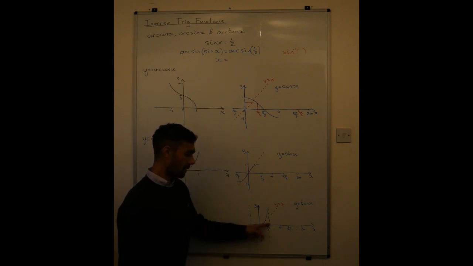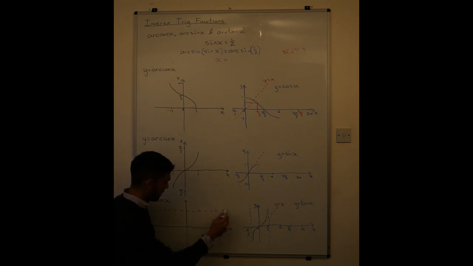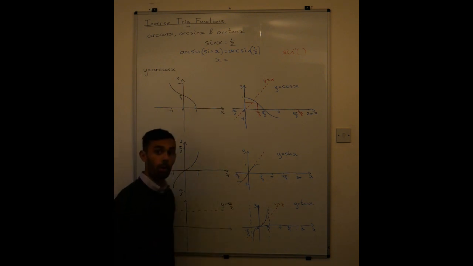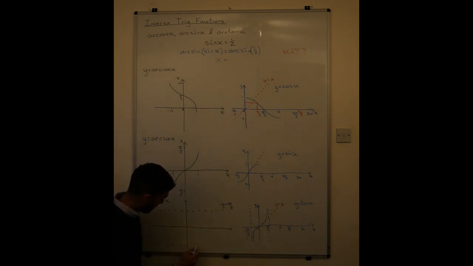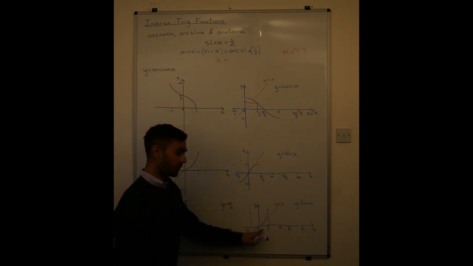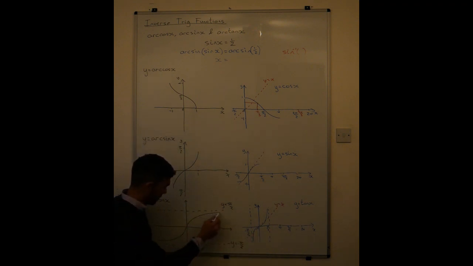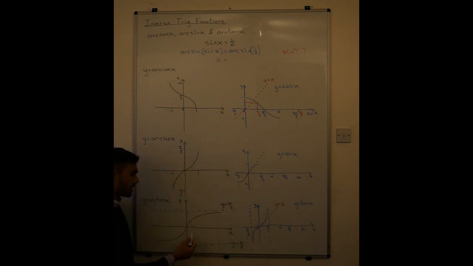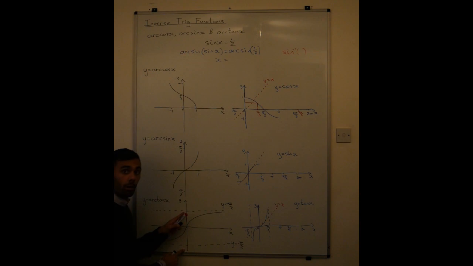So this one here, pi over 2, when we reflect it, it's going to go to y equals pi over 2, and minus pi over 2 is going to go to y equals minus pi over 2 down here. Cool. And then finally we've just got this curve to sketch. And there is arctan of x. Its domain is all of the real numbers, and its range is anything between minus pi over 2 and pi over 2.